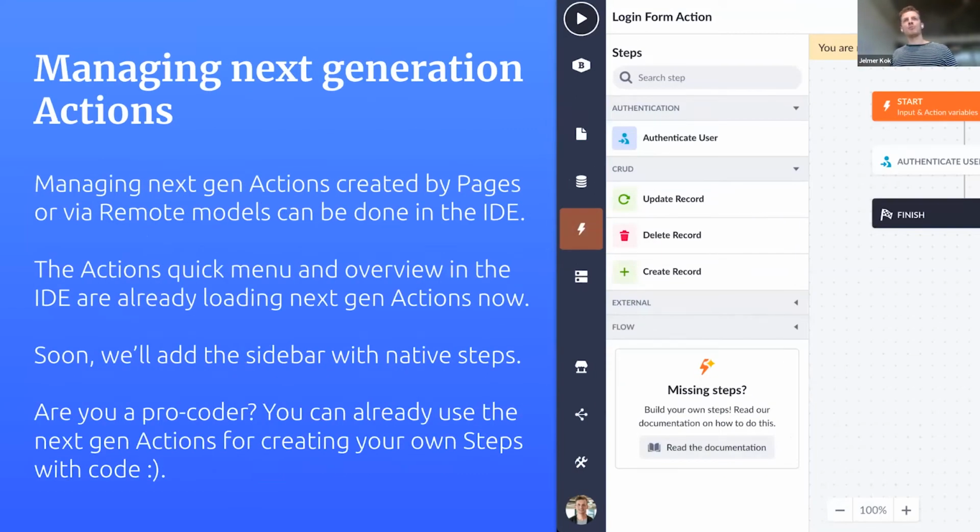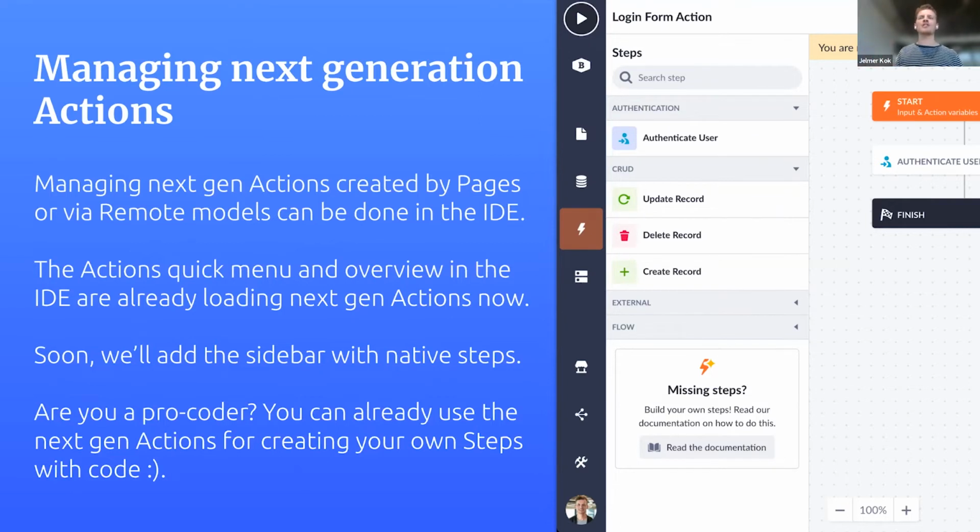Well, with the new components that we have developed, we have, of course, also enabled our new actions in the IDE. I think this was released a couple of days ago, or maybe even yesterday. What does it do? It allows you to directly navigate to an action from the builder bar.